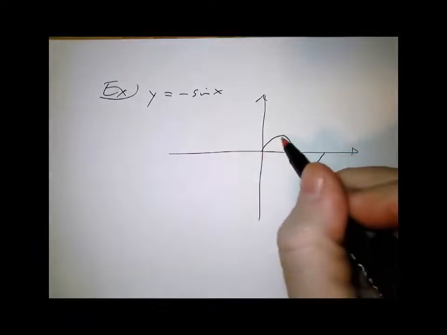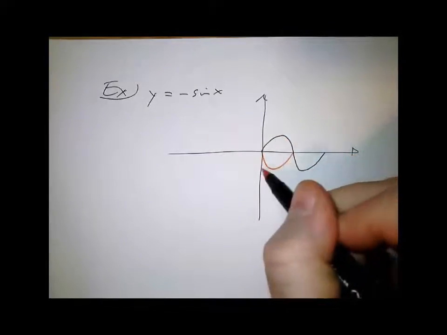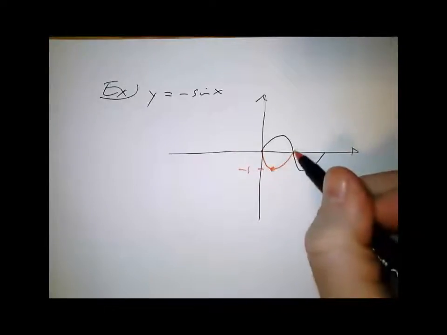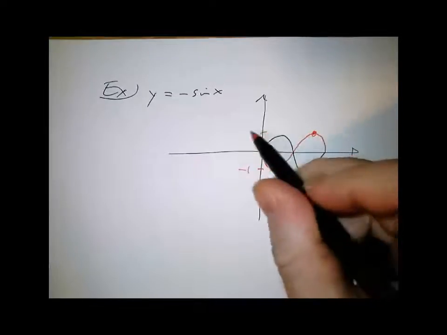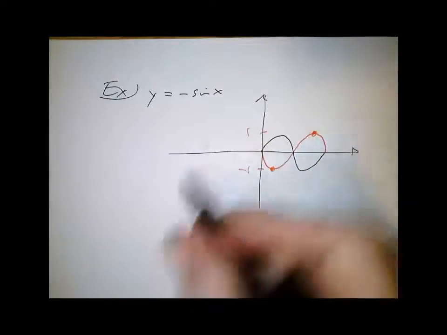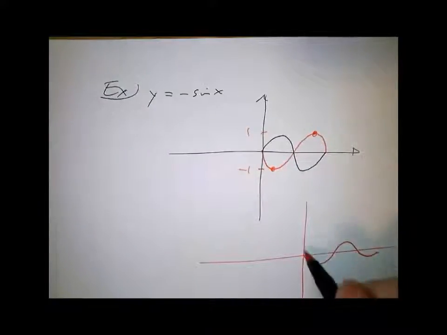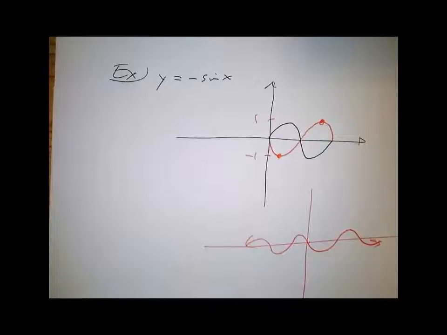So instead of being up here at 1, we're going to be down here at negative 1. And then, so that's that point. And then over here, instead of being at negative 1, we're going to be up here at 1. So my y equals negative sine of x, just in general, is going to look like this, right? And so on. So you have to use your imagination here a little bit in order to do that.